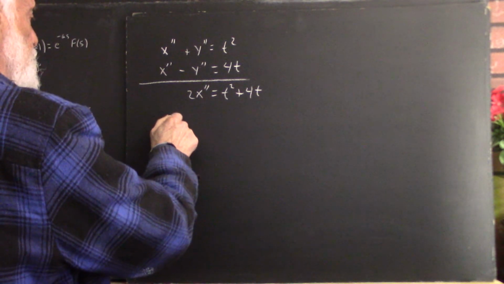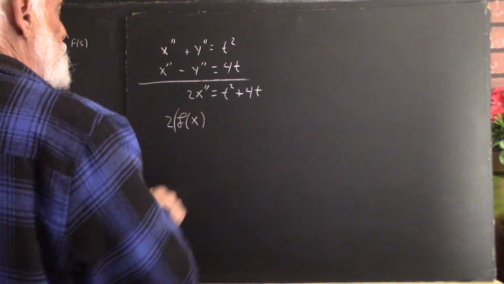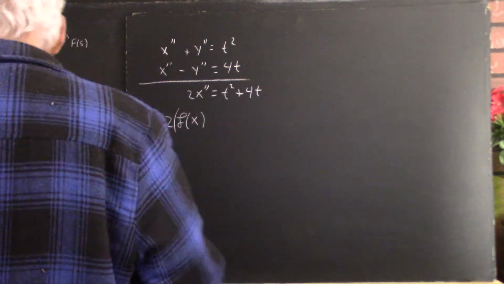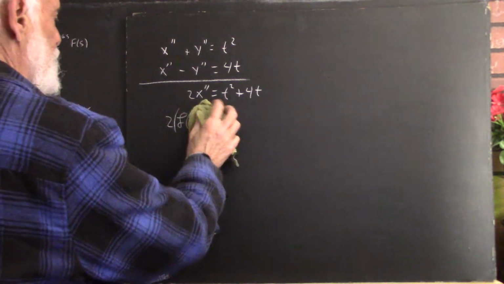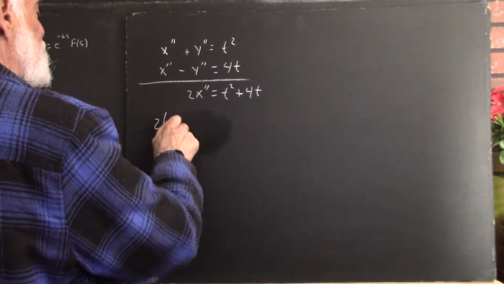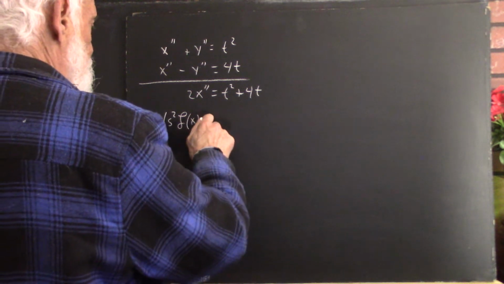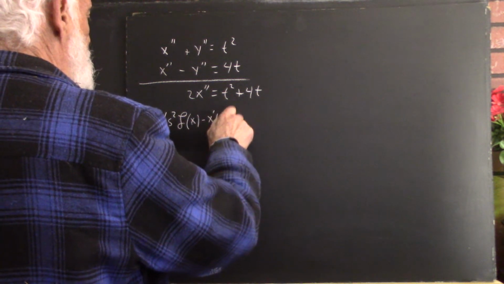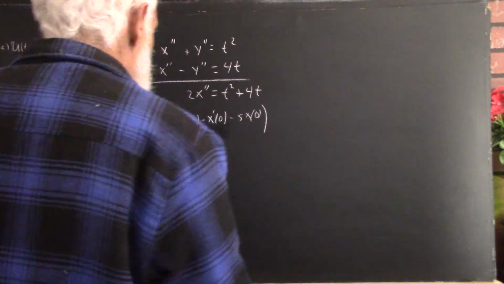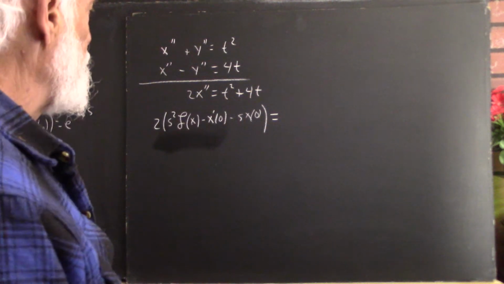We're going to get two times the Laplace transform of x. Oh boy. I have a way of doing that. We're going to get 2 times s squared, Laplace transform of x, and then it's minus x prime of 0 minus s x of 0, and that's the Laplace transform of the right hand side.